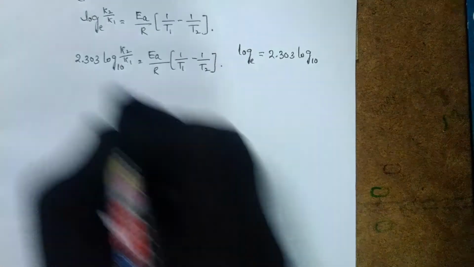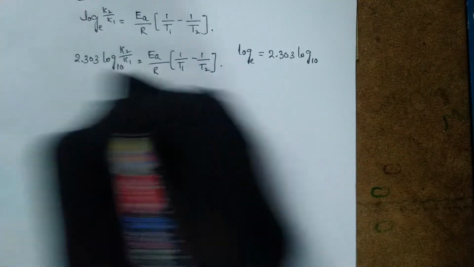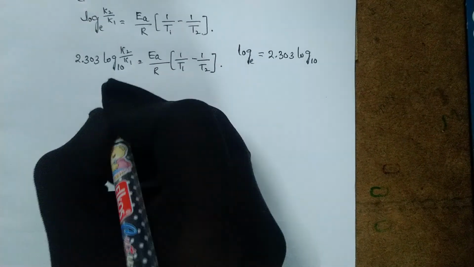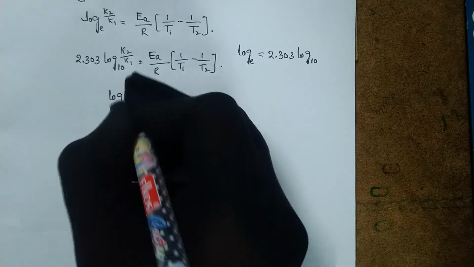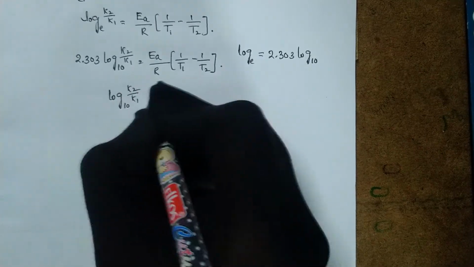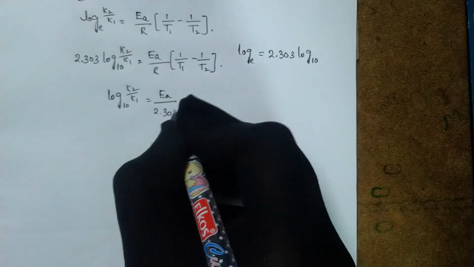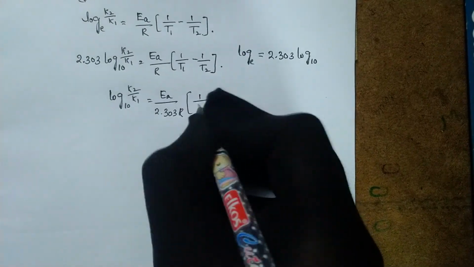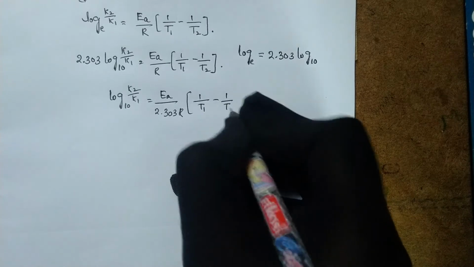Now transfer this 2.303 to that side, then it will be in the denominator. So log to the base 10 of K2 by K1 is equal to Ea by 2.303 R into 1 by T1 minus 1 by T2.